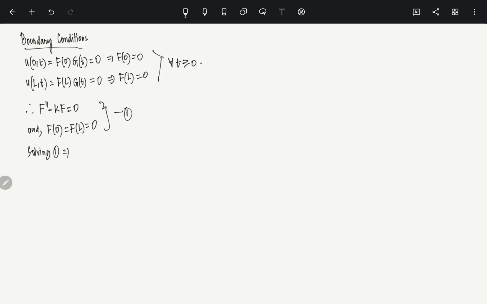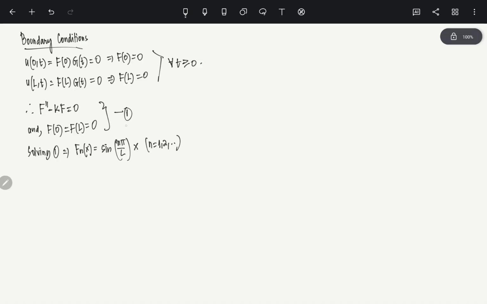The solution in this case looks like this: fn of x equals sine of n pi by L times x, and of course n equals 1, 2, and it goes on. That is your fn of x. You remember we learned how to solve the Sturm-Liouville problem, exactly like this, where you do it for negative and positive cases.